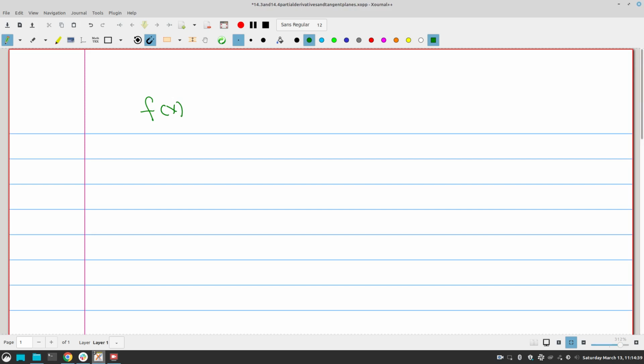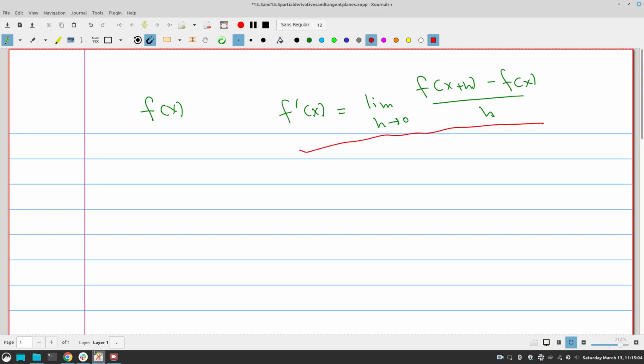Then f prime of x is equal to the limit as h goes to 0 of f of x plus h minus f of x, divided by h. This is the definition of a derivative of a function of one variable, of a single variable.